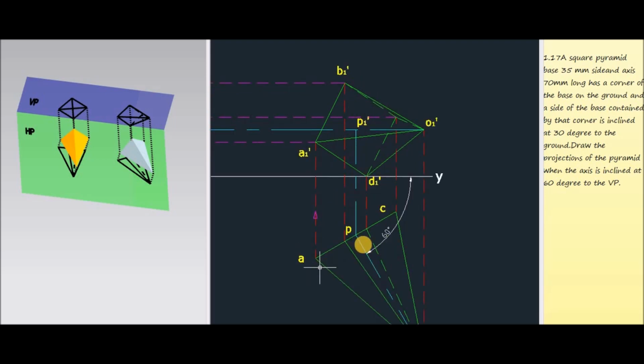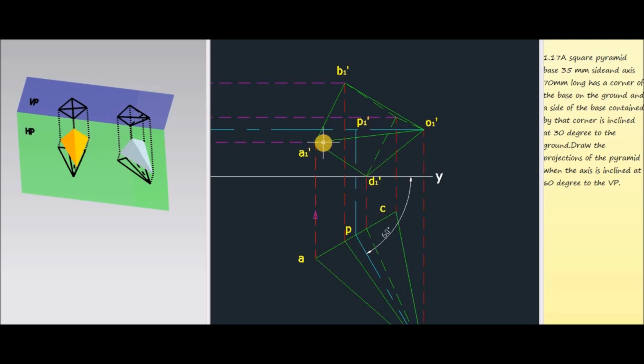Then for getting the front view, we project all these bottom corners and the vertex in the upward direction perpendicular to the XY line, represented by dotted lines. And for completing this figure, draw the projection from the front view of the first condition rightwards. Now we will get points A1 dash, B1 dash, D1 dash, O1 dash, P1 dash, etc. All the corners and the vertex are obtained by joining the corresponding lines.